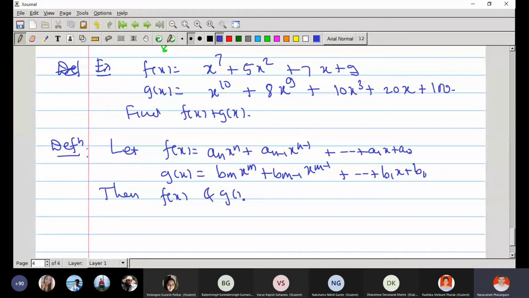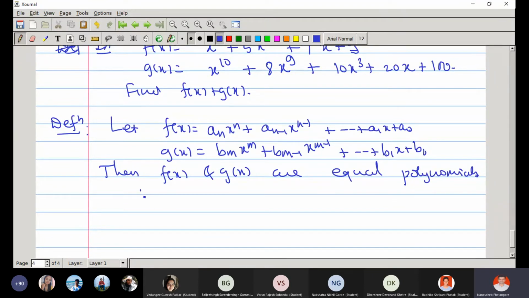f(x) and g(x) are equal. When we say that two polynomials are equal, we understand that their degrees and coefficients are equal.